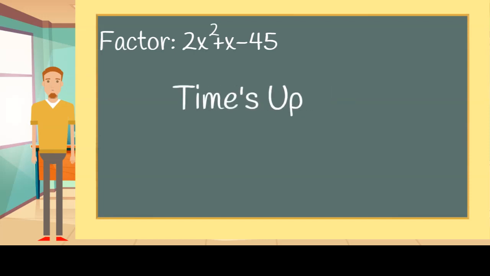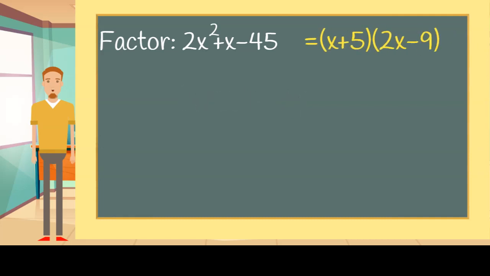Time's up. The right answer is x plus 5 times 2x minus 9. Here's the solution.